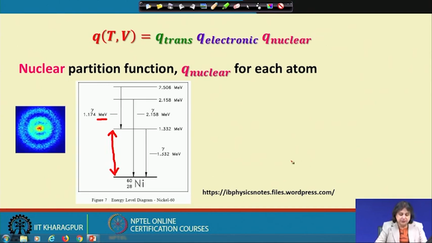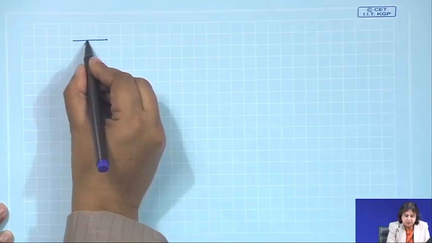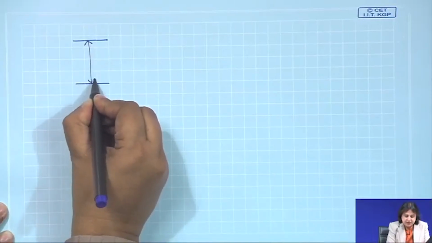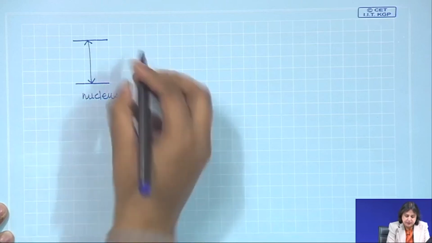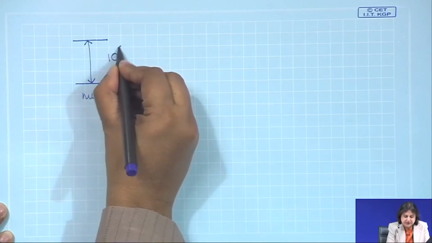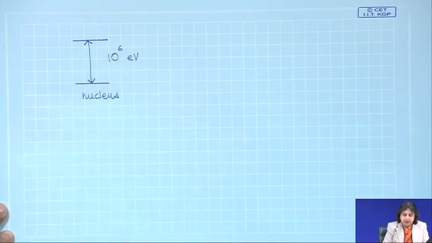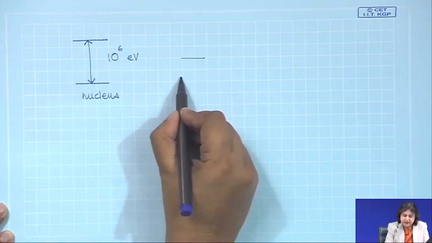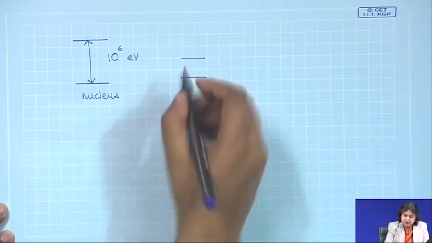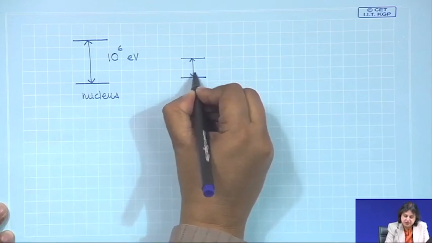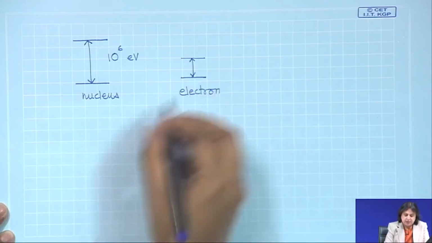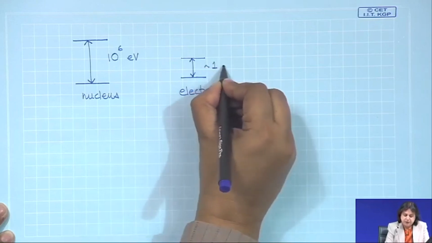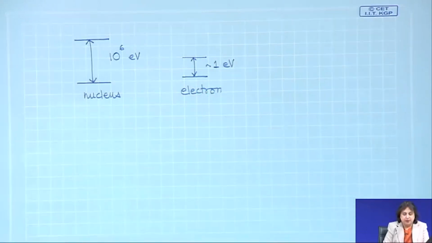From there it is possible to say that the difference between two successive energy levels in a nucleus is about 10 to the power of 6 electron volt. Now, if I look at the difference between two successive electronic energy levels, do you remember what the energy value was? It was of the order of 1 electron volt.